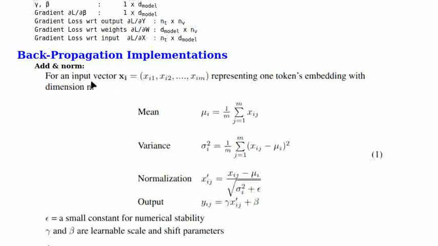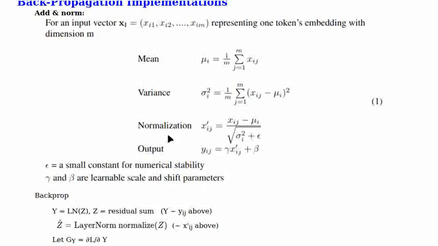If we have an input vector xi with m values, then the mean is given by the average of these values, and the variance sigma i squared is the average of the sum of the deviation squared. And normalization means we calculate the deviation of each element from the mean divided by the standard deviation.